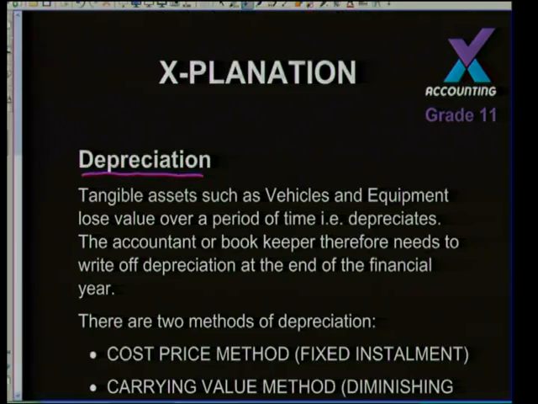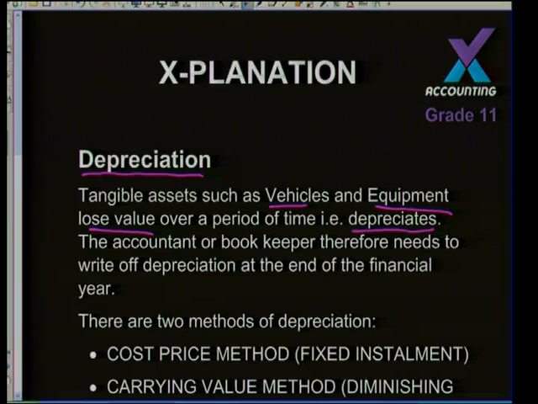Let's now look at the word depreciation. Tangible assets such as vehicles and equipment lose value over a period of time. In other words, they depreciate. For example, if we buy a new laptop for the business, we know that over time the value of that laptop is going to diminish. In other words, it will depreciate over a period of time.